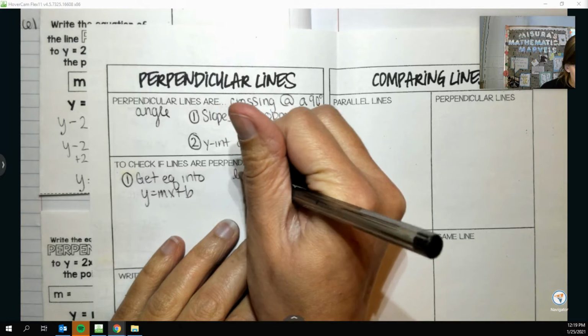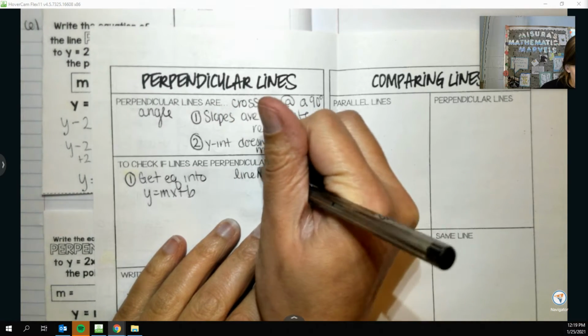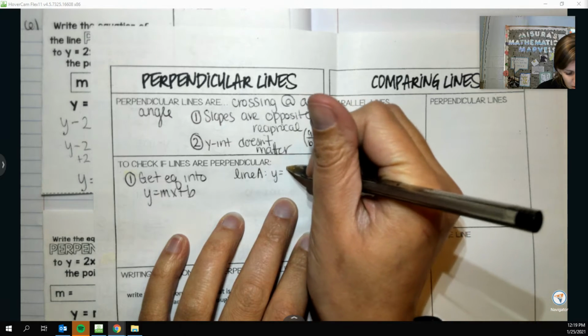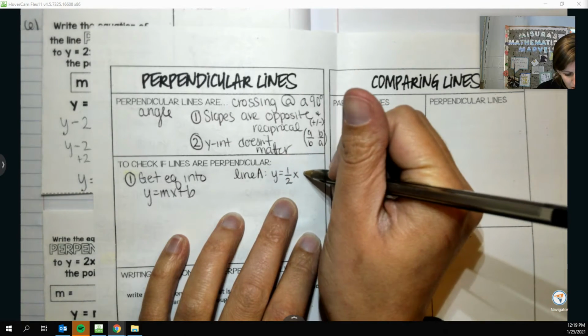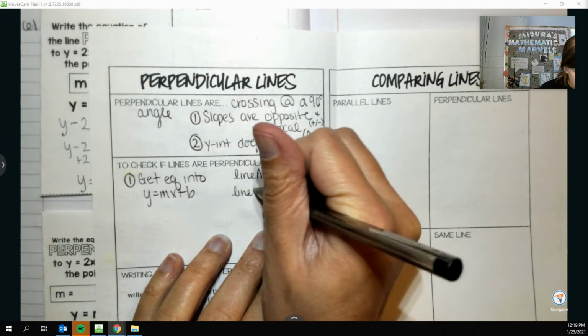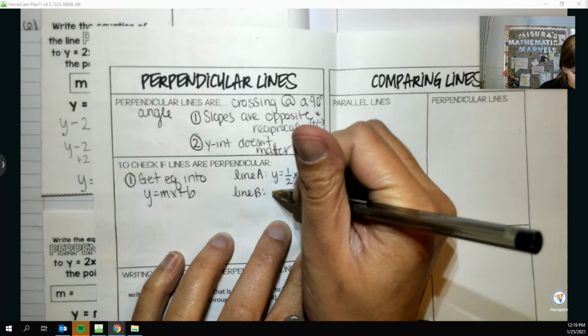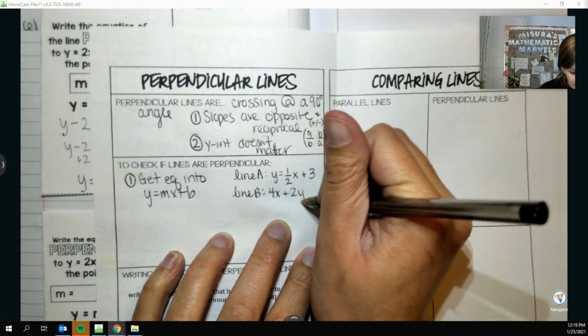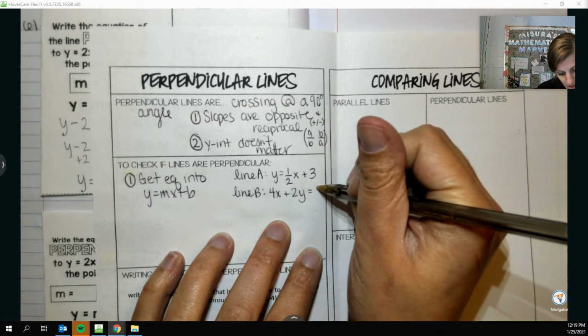So for instance, if they give me a line, like line A is y equals half x plus 3, and they also give me line B is 4x plus 2y equals 8.